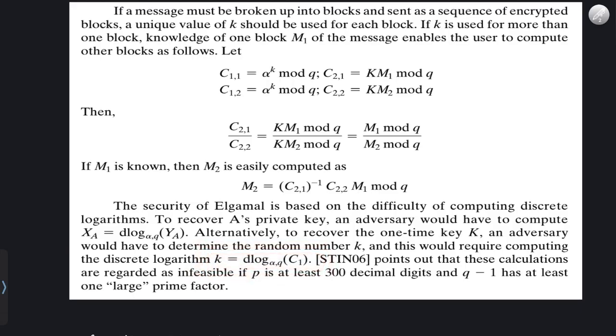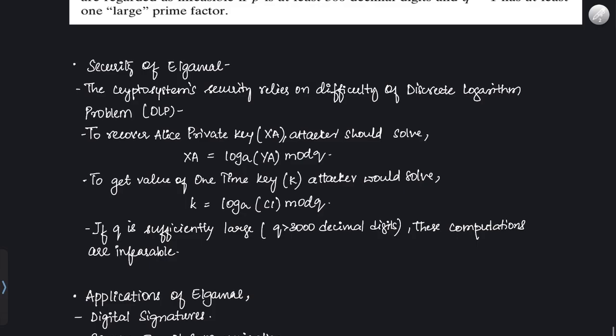And if the q value, the prime number, is sufficiently large, that is, if q is at least greater than 300 decimal digits, then these computations are infeasible, they are not possible. I've written down all the points here.